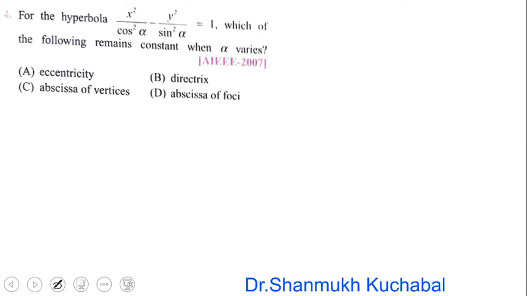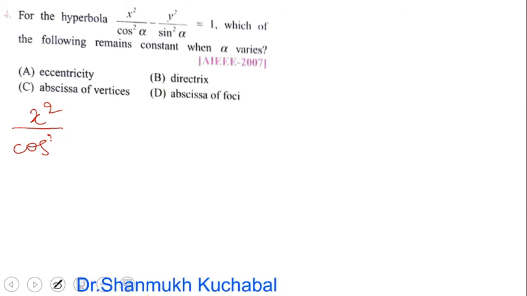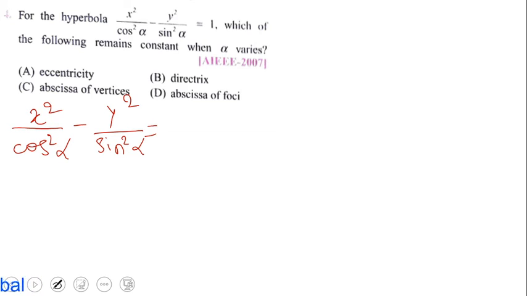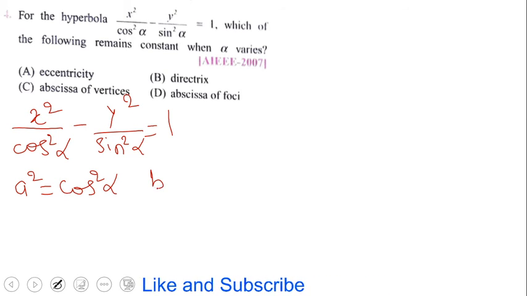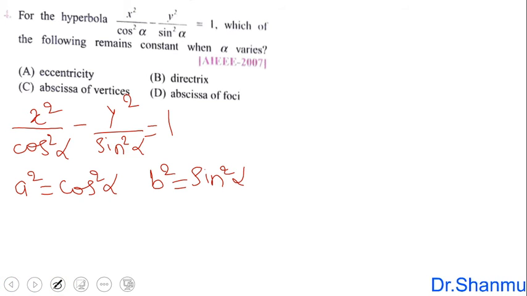The given equation is x square by cos square alpha minus y square by sin square alpha equal to 1. Then we have to compare with the standard equation. So we get a square value as cos square alpha, and b square value as sin square alpha here. Then I use the relation between e, a and b.